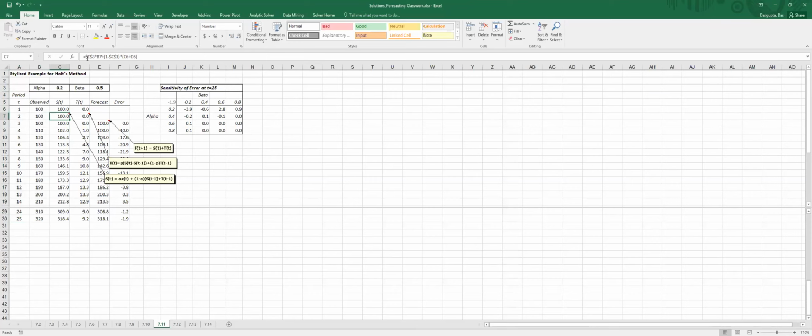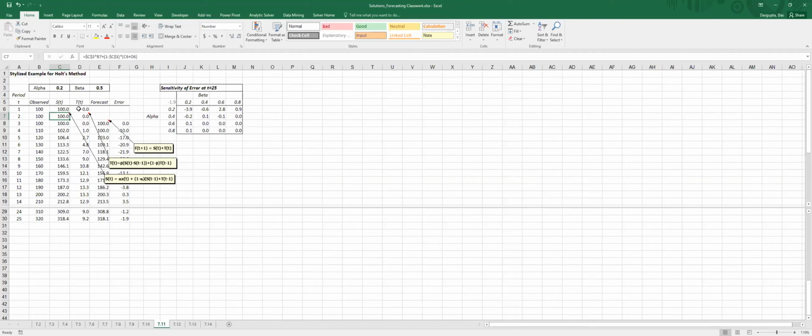C3, don't forget the dollar signs, which is alpha, times XT, which is B7 for this period, plus 1 minus C3, which is 1 minus alpha, times previous ST minus 1, plus previous TT minus 1. So this is C6 plus D6.